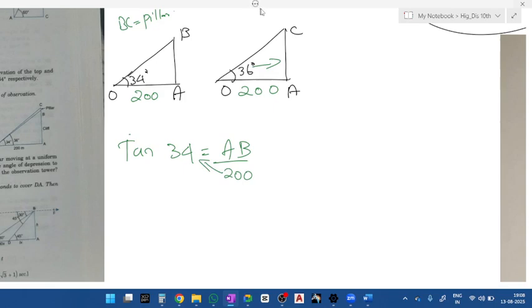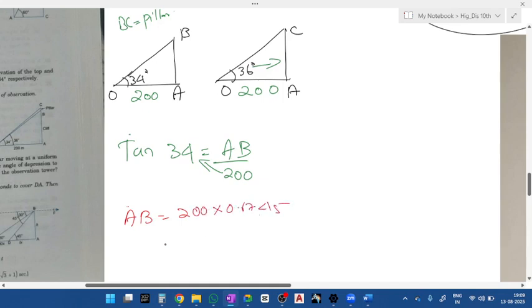Look at the value of tan 34 in the table. Page 535. 0 point. What is tan 34, student? 674.